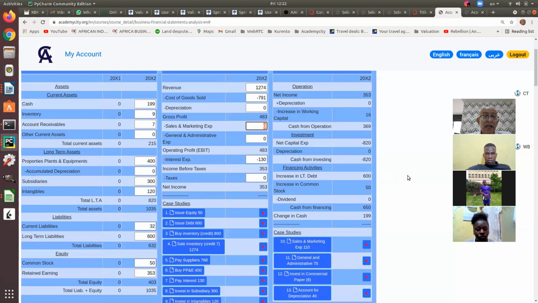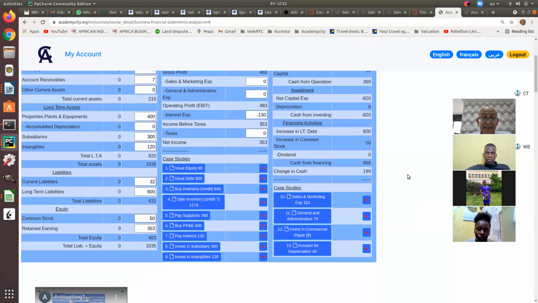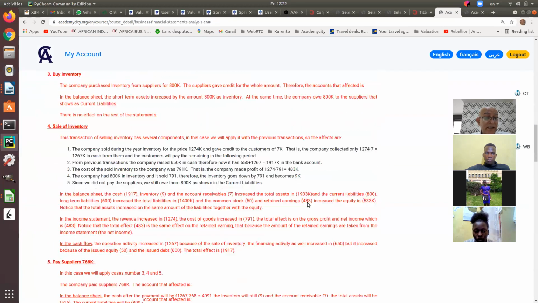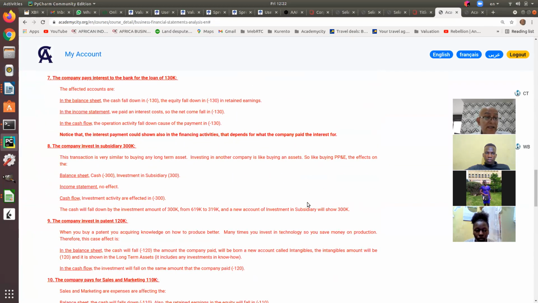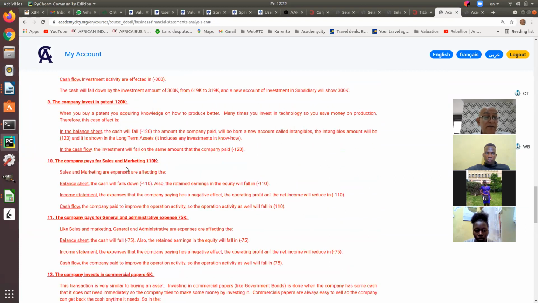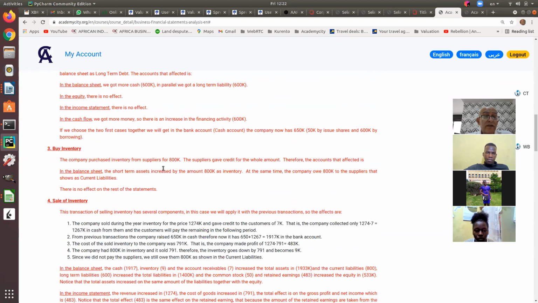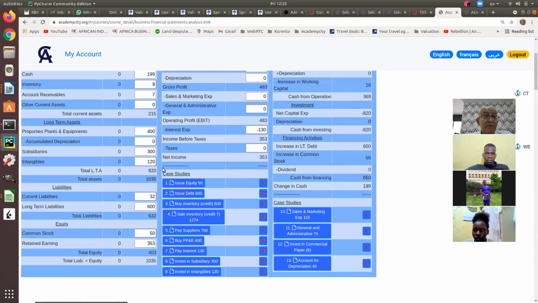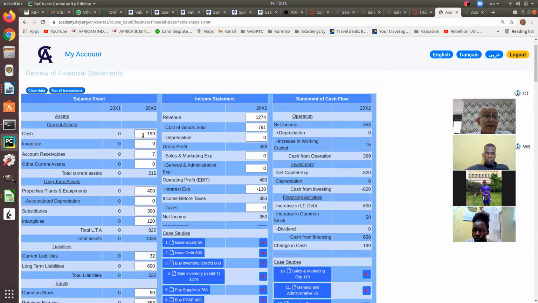So if I spend on marketing, as I wrote here, sales and marketing, 110, and I paid in cash, and you can read transaction number 10 here, explained nicely, the company is paying for marketing 110, my cash is going to go down by 110. But this time, just like the interest, it's going to reduce my profit.